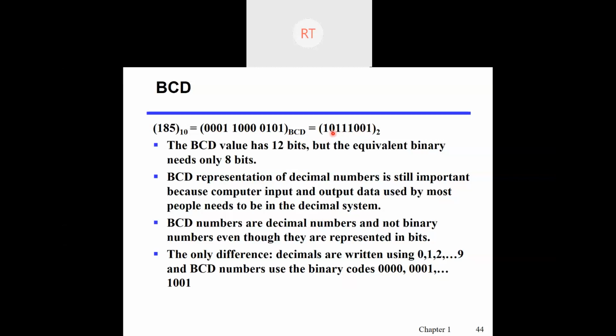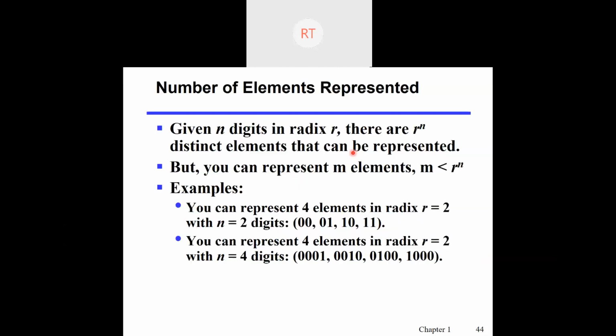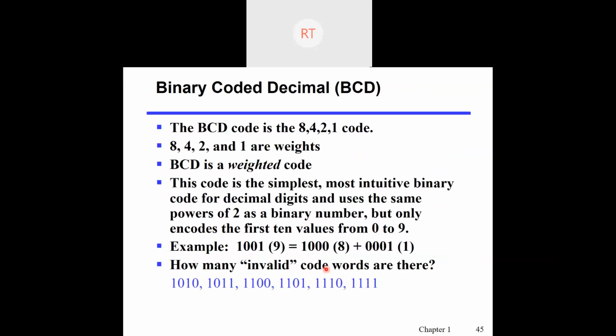So how many bits are used here? It's 8. How many bits are used here? It is 12. So this is the difference between using BCD and binary. When you represent them, notice please, you are using 2 digits for the binary, whereas in BCD you are using 4 digits. Okay, we made that clear in the example.